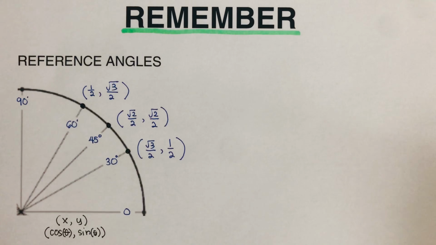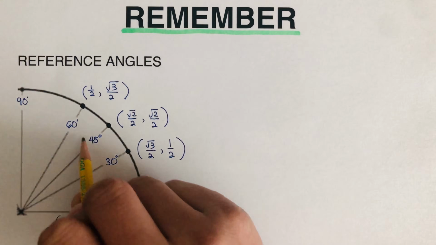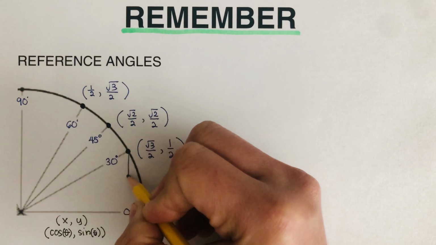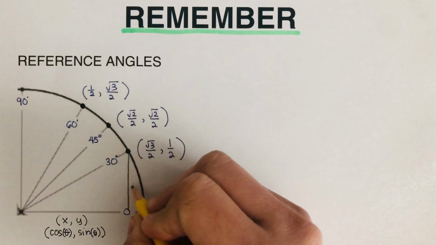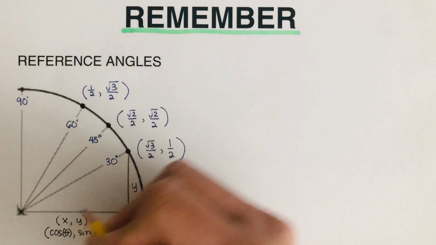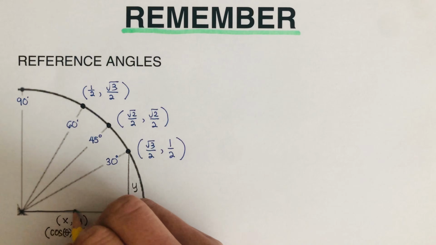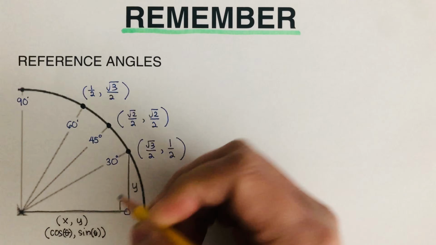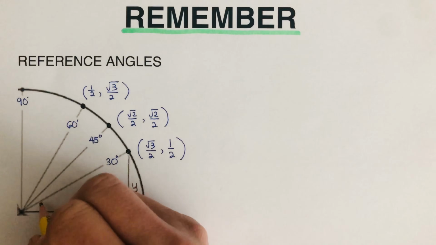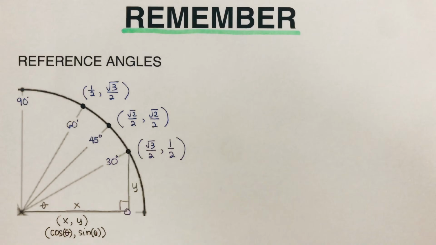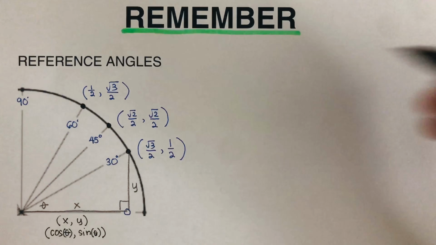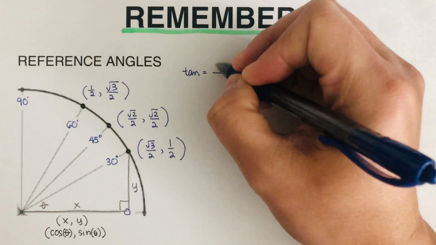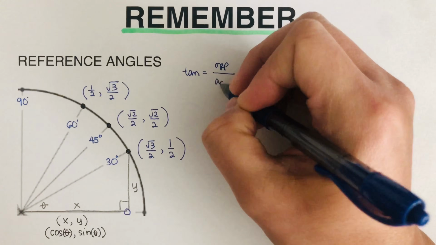Now, how do we determine the tangent for each of these angles? We remember that if we drop a line right here, this represents our y. And if we drop a line over here, in order that we can get to this dot to make this right triangle, this is the x. Now, if this is our general angle theta, tangent is equal to opposite over adjacent.